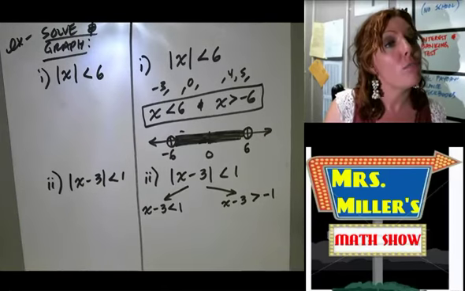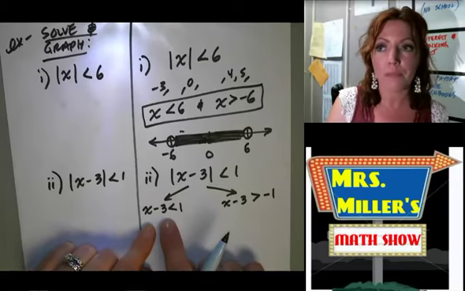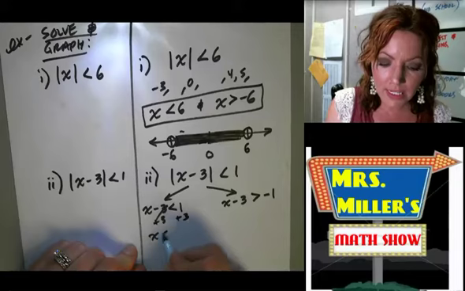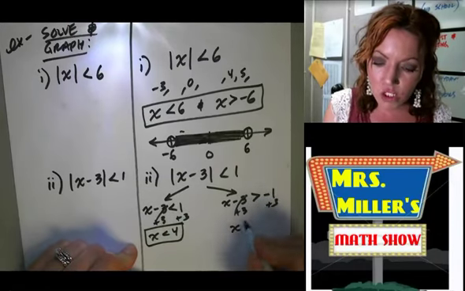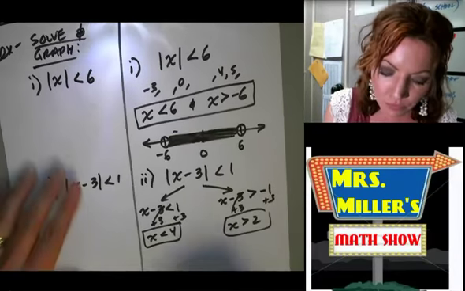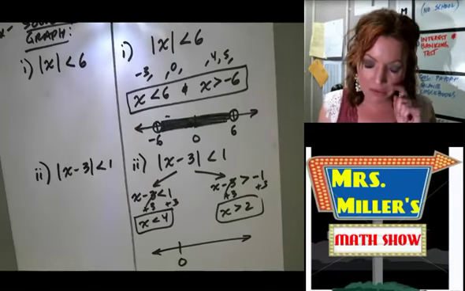Now all we want to do is solve both of them. What do we have to do to solve it? Add 3, add 3. So x is less than 4. Add 3, and x is greater than how much? 2. Okay, so let's see. I'm going to put 0 a little bit farther over to the left this time.